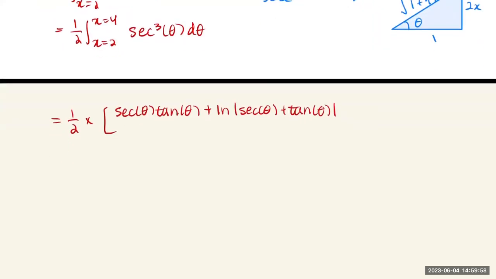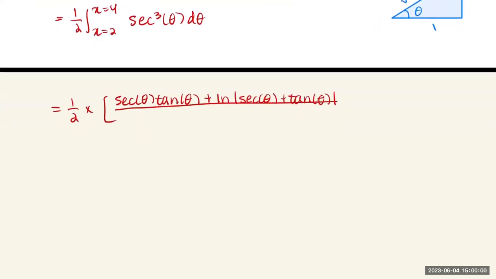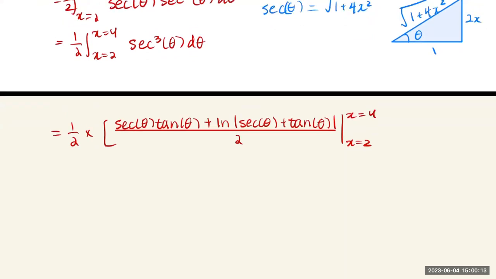So here we divide this by 2. And we're going to leave out the plus c because we're doing a definite integral, so that would not be necessary. Okay, so that's our integral.